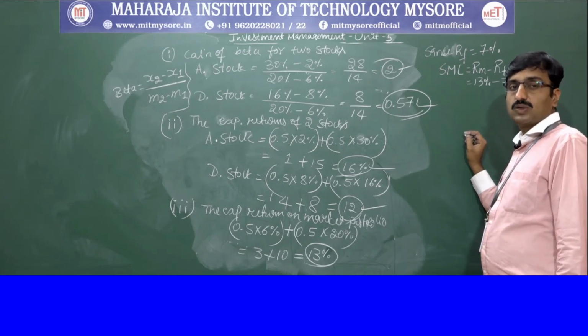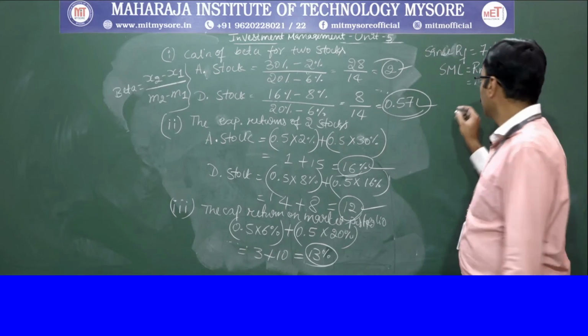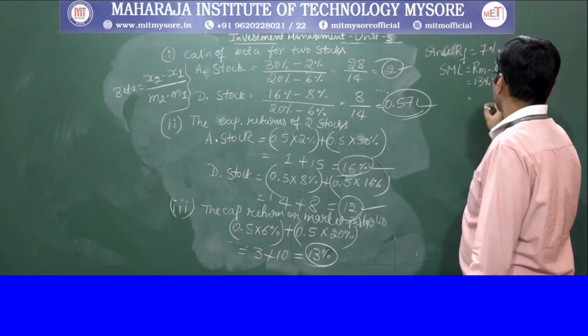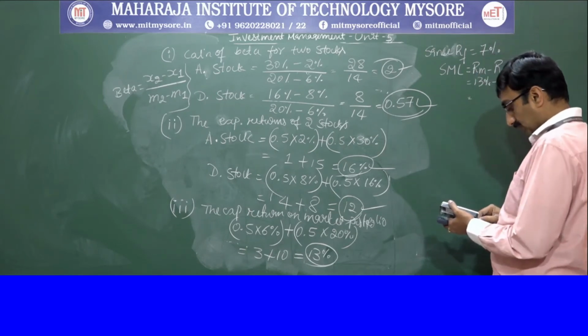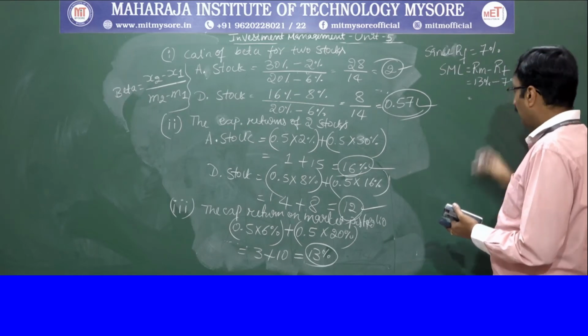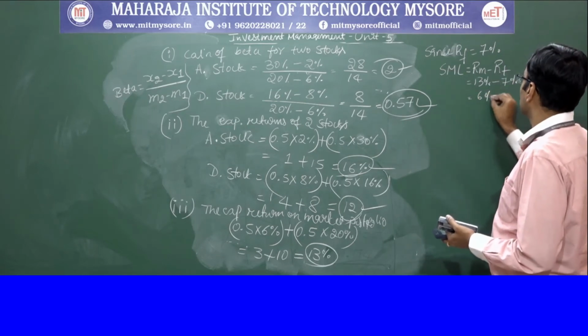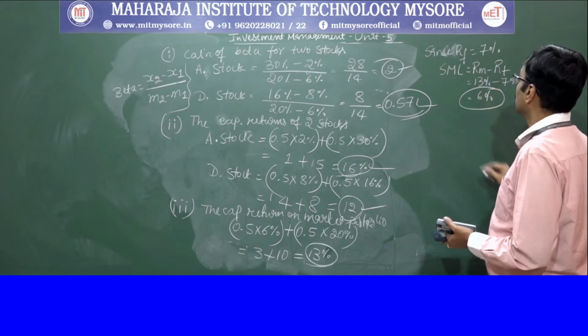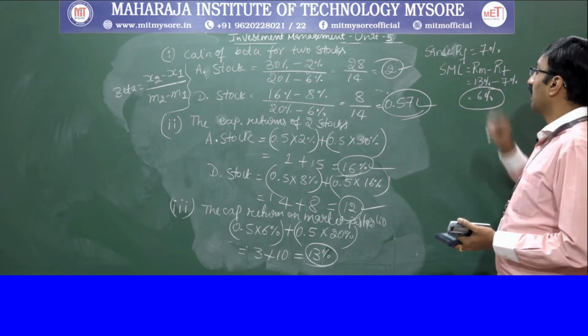If you do 13 minus 7, you will get 6%. 6% is the security market line slope.